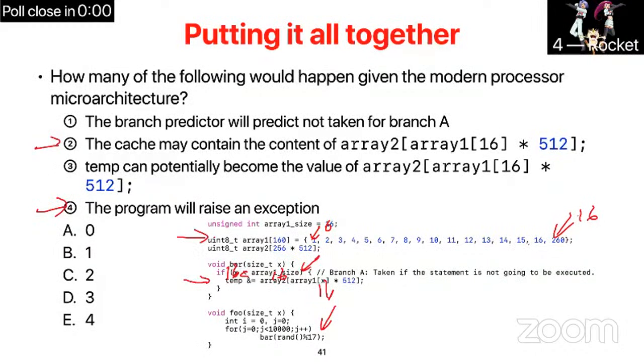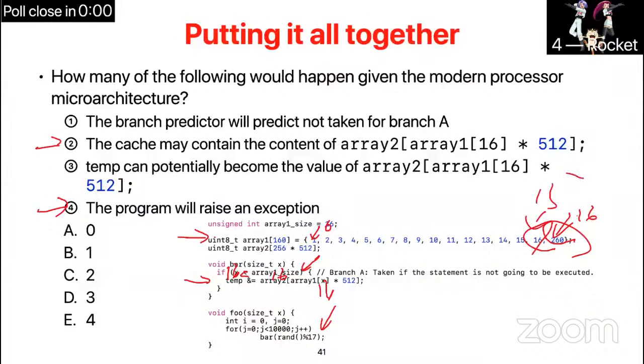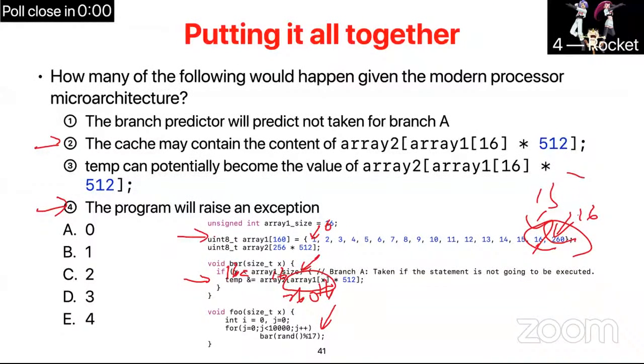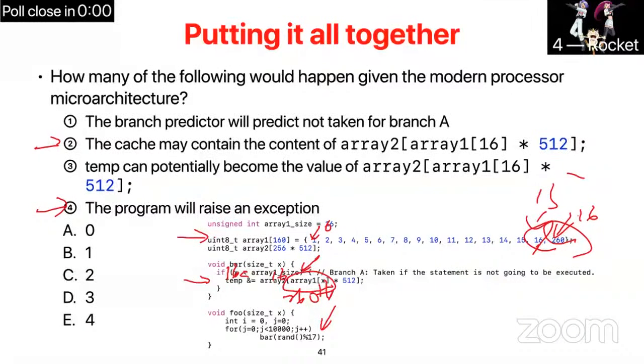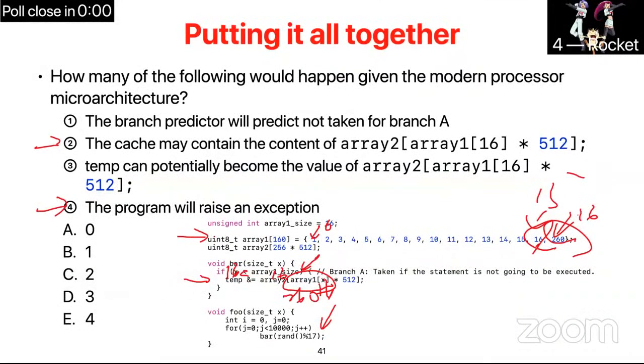So since they're only 8 bits wide, I think the cache may contain array 2 at array 116. But this one is far away, right? So for 15 it is 16, and for 16 it is 260, right? So what you actually want is 260 times 512. Oh, I guess not. I indexed it backwards. Anyway, forget about that. I went from 1 to 16 instead of from 0 to 16. Yep. Okay.